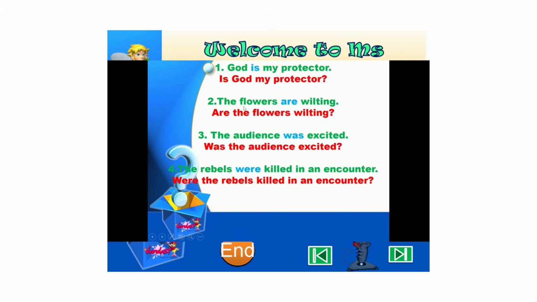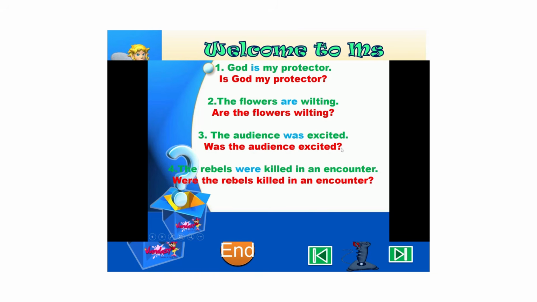Let us go to number 2. The flowers are wilting. It will be, are the flowers wilting? But in a question tag, I will say, aren't they? Okay. Number 3, the audience was excited. If I were to change that into a question, I will start with the auxiliary verb to say, was the audience excited?